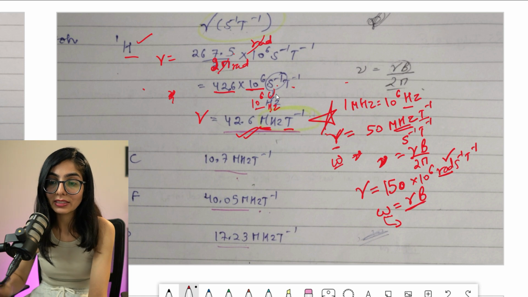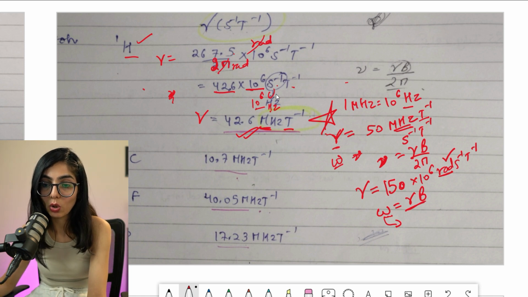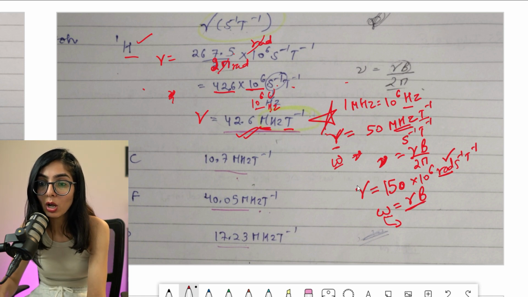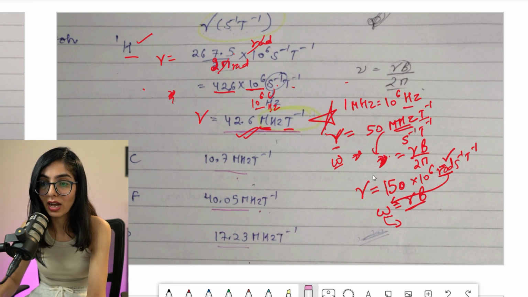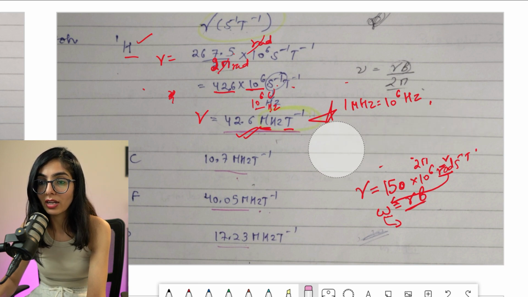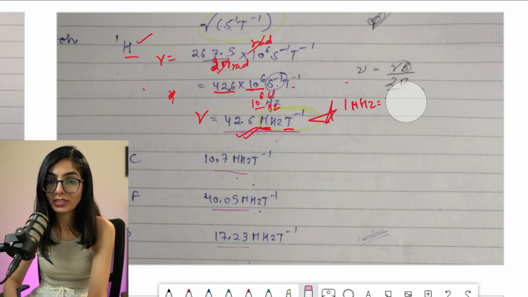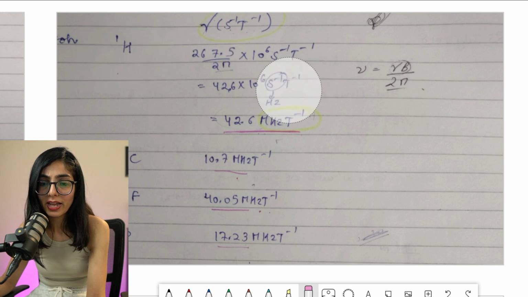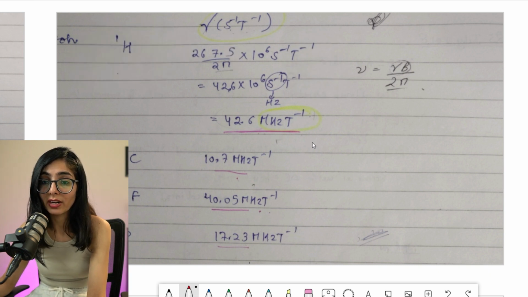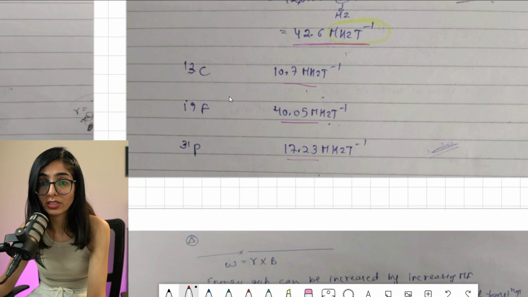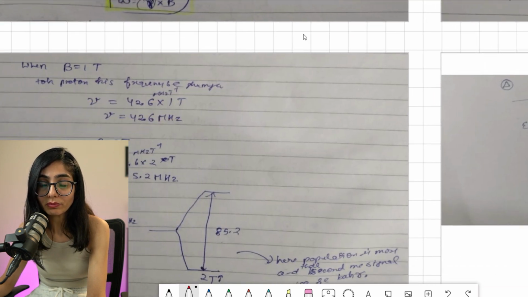Examiner will always try to play with this thing. Always remember radian means related to omega, and the other is related to frequency. See what units the examiner is asking for. Always remember this, very important. The examiner always plays with this question if they want to test your basic knowledge.